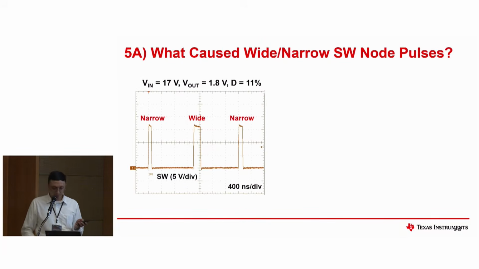Next, this is for the switch node. You can see here at the switch node, for 17 volts input, 1.8 volt output, the duty cycle is only 11%. But you can see that the switch node has a narrow, wide, and narrow waveform. So what can possibly be causing this in a buck converter design?